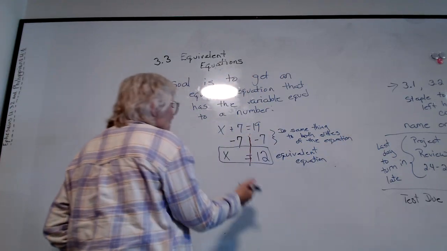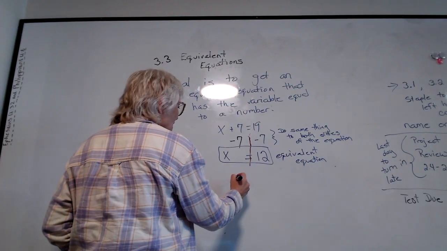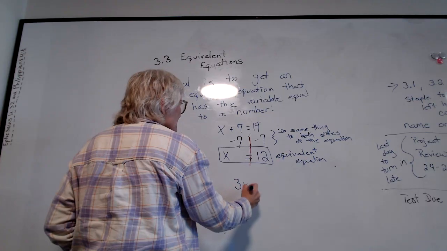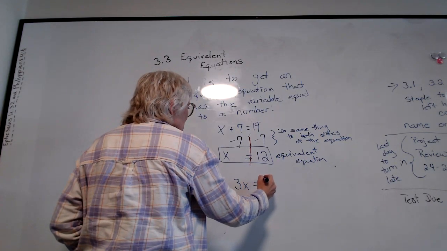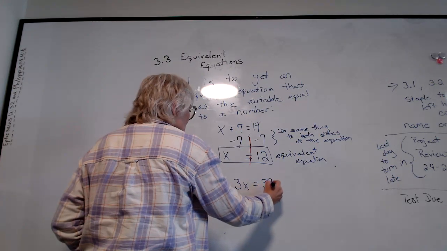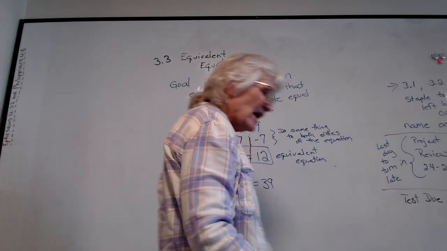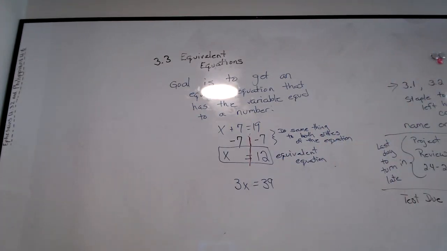Another example would be if I had 3x equals 39. That's an equation. We want to find its equivalent equation by doing the same thing to both sides.